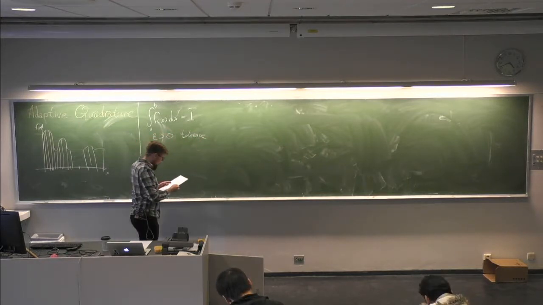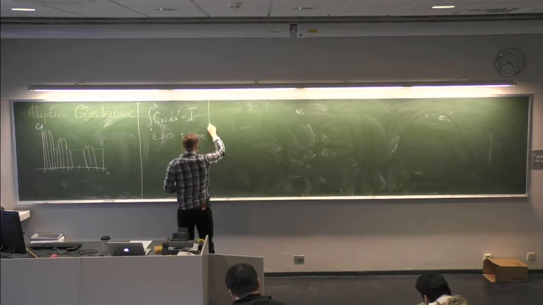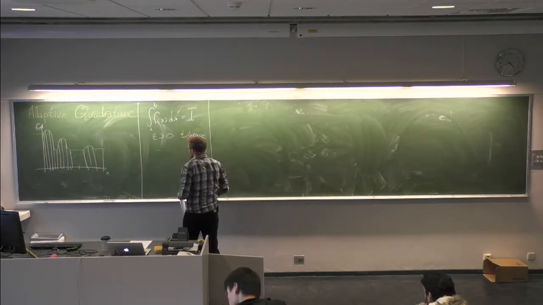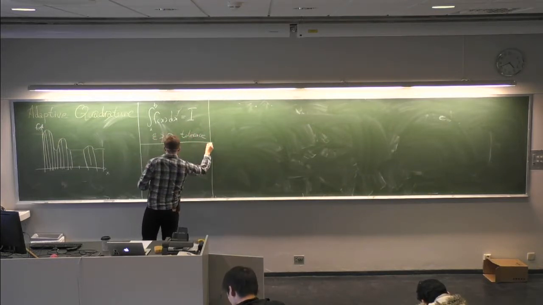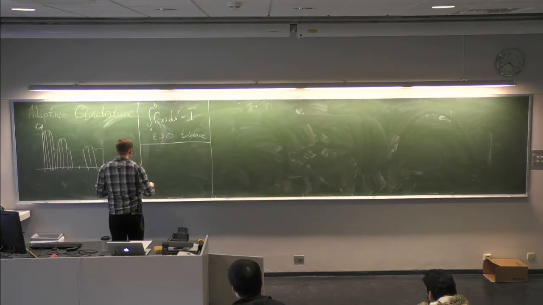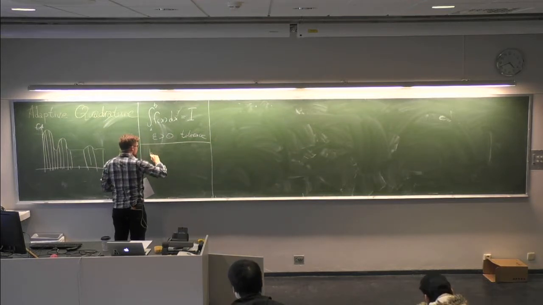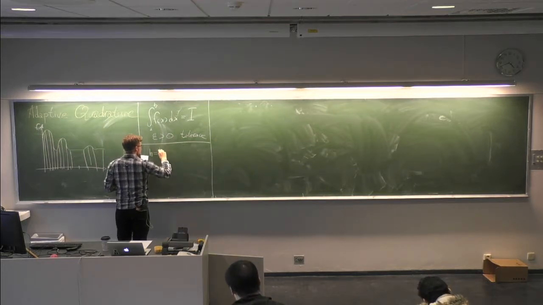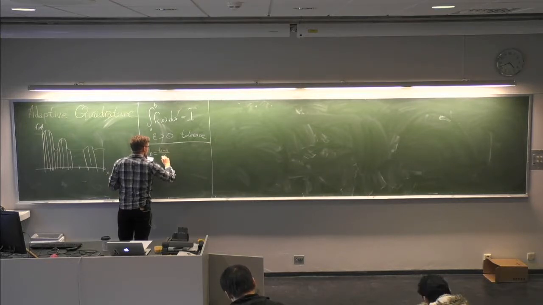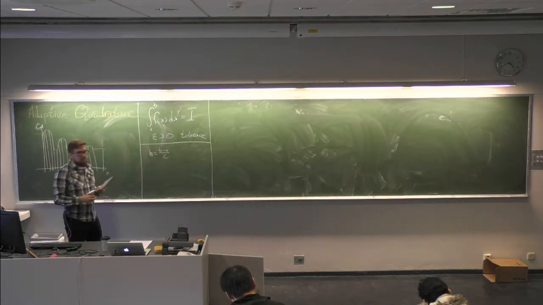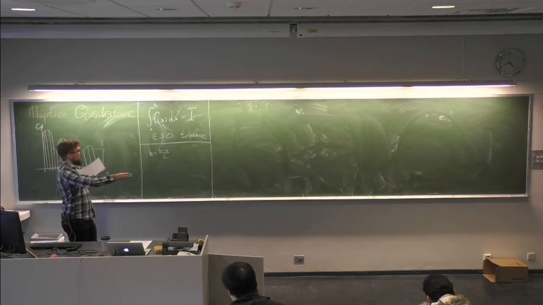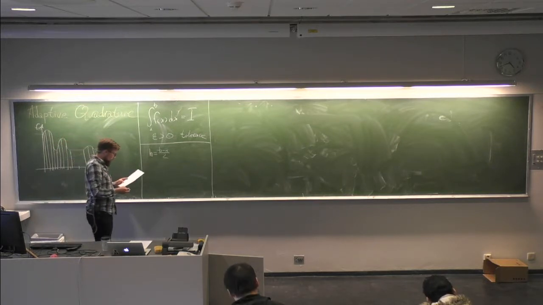So how can we do this? Well, we can apply Simpson's rule. Say h again is b minus a divided by 2. That means we are using the whole domain.